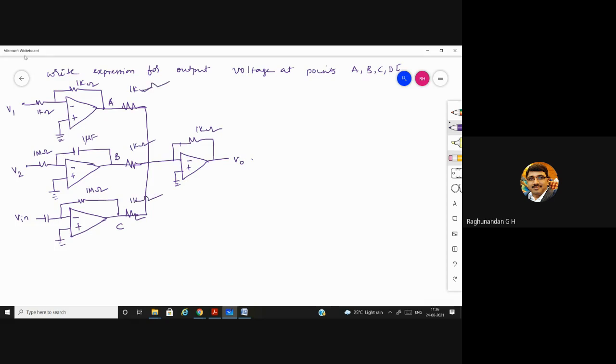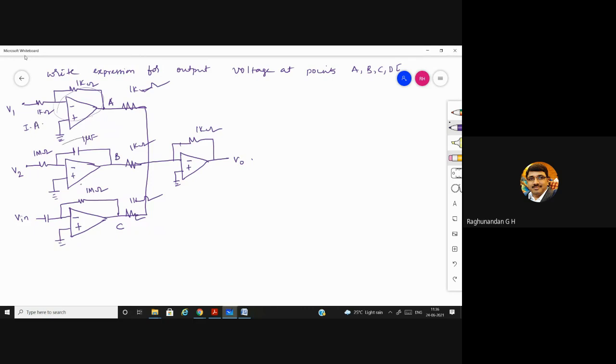Okay. Now, see here there are totally 4 op amps being considered. What kind of op amp is this? Inverting amplifier. Yes, it's an inverting amplifier.